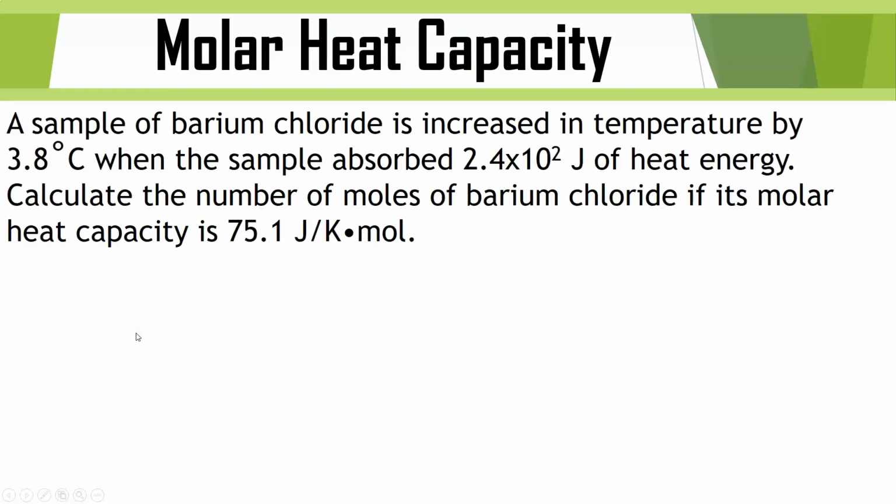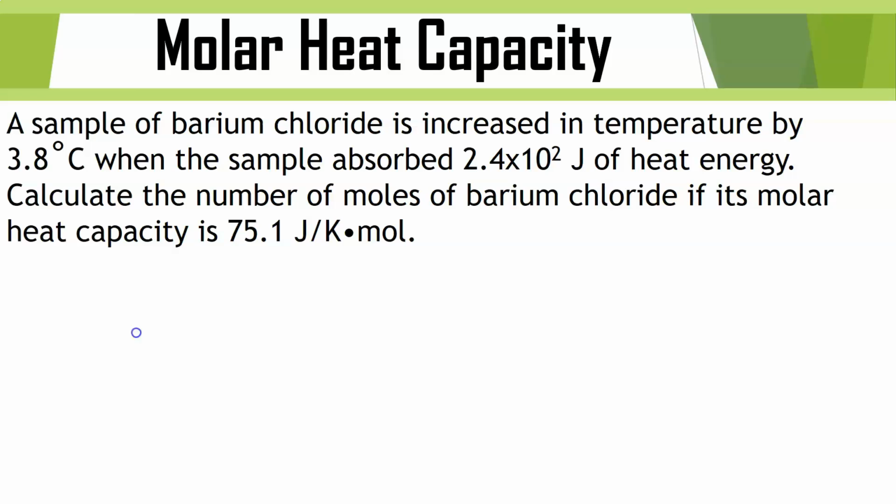A sample of barium chloride is increased in temperature by 3.8 degrees Celsius when the sample absorbs 2.4 times 10 to the 2 joules of heat energy. Calculate the number of moles of barium chloride if its molar heat capacity is 75.1 joules per Kelvin mole.